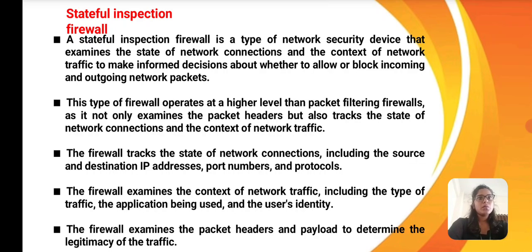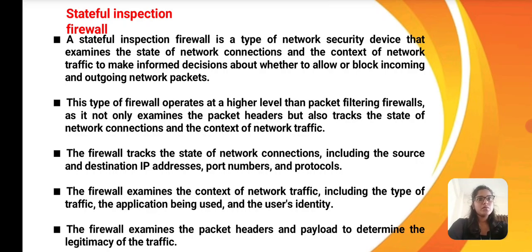It is not only examining the packet headers but also tracking the state of network connection and context of network traffic. The firewall tracks the state of network connection, including the source and destination IP address, port number, and protocols.